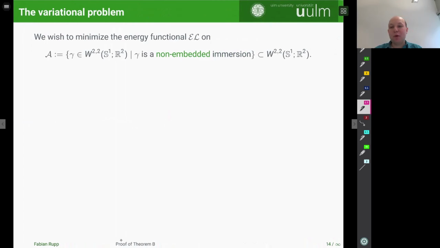Okay, so what is the variational problem I want to introduce? What we want to do is we want to minimize the functional E times L on this set A of all closed W^{2,2} curves, which are immersed but non-embedded, right? Considered as a subset of the Sobolev space W^{2,2}.